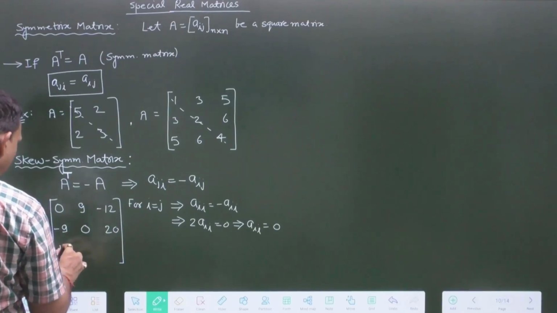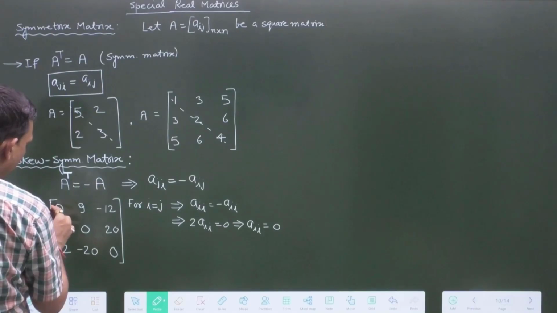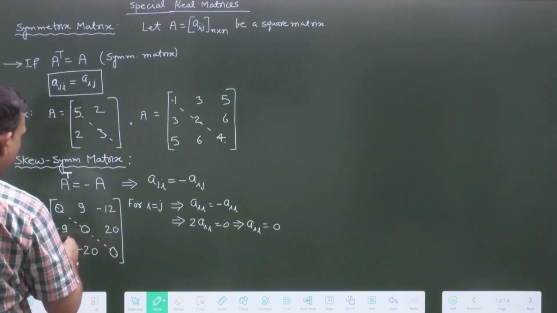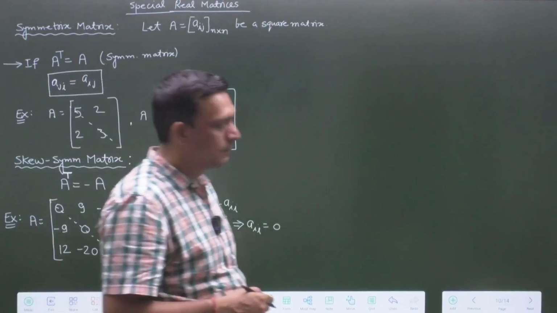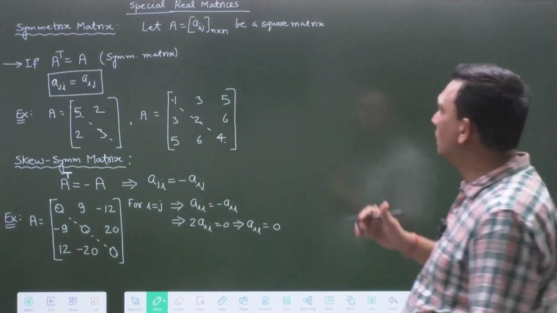Then you have 12, minus 20, and this is 0. So the main diagonal elements are 0, and you can check that A transpose is minus of A. Okay?